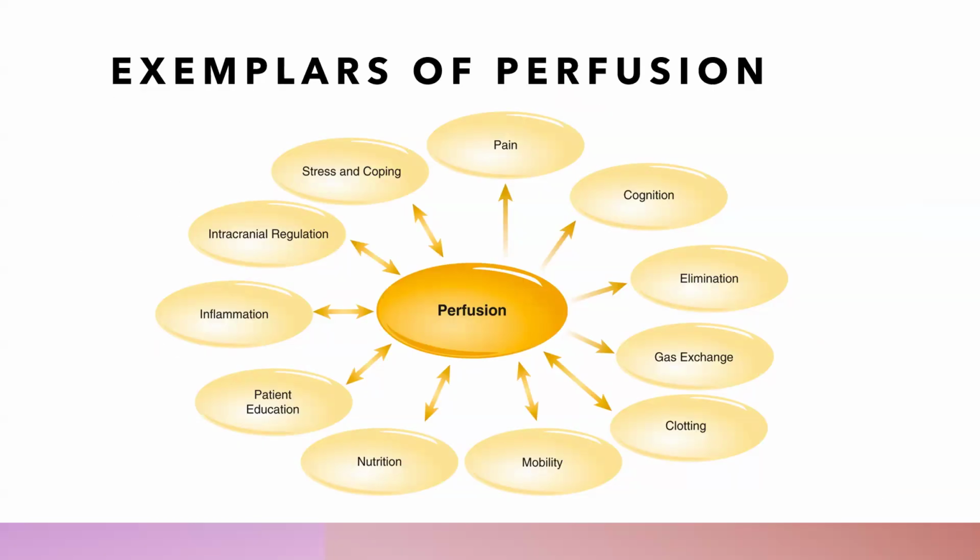So it's very important that, again, I'm going to go back to this, you look at this. Note that it covers stress, coping, pain, cognition, elimination, gas exchange, clotting, mobility, all these different exemplars, inflammation, patient education, intracranial regulation. Hey, it even controls our brain. If we don't get enough perfusion to the brain, we have a hard time thinking. If we have no perfusion to the brain, we may not have any thinking at all. So, very important for us to keep up with that.